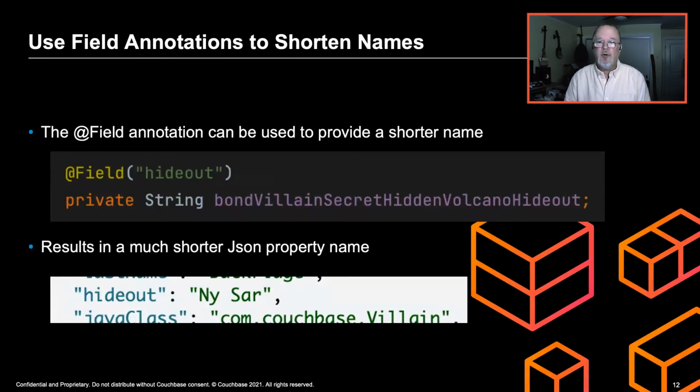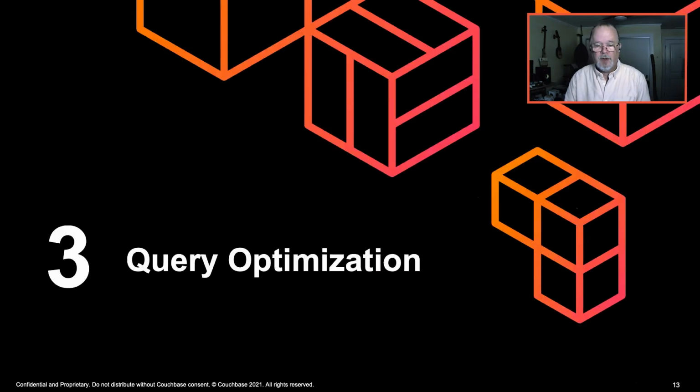And imagine that you have, I've seen many clients that have at least a half dozen, maybe a dozen different properties in a single document type with long names like this. This allows you to have much shorter names, saving a lot of storage per document, smaller payloads, and saving a lot of storage space in the Couchbase database.